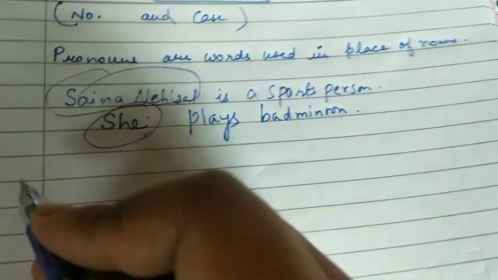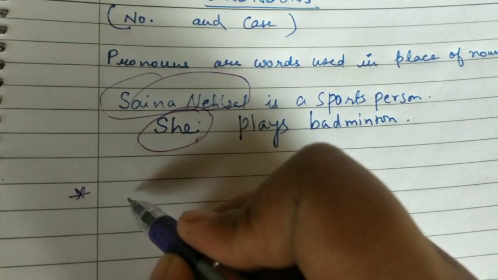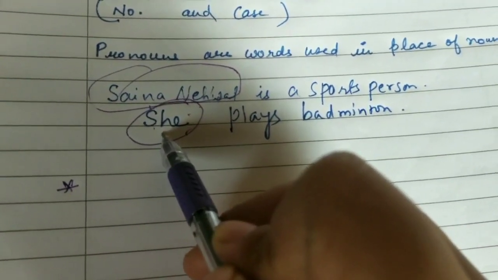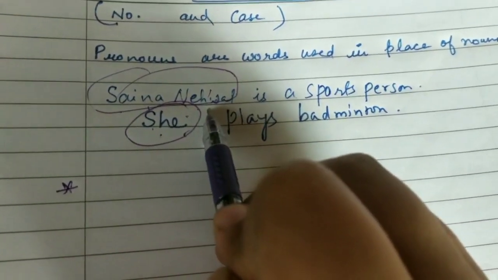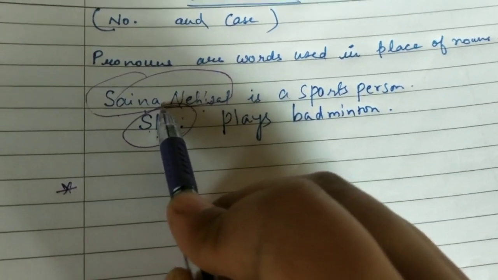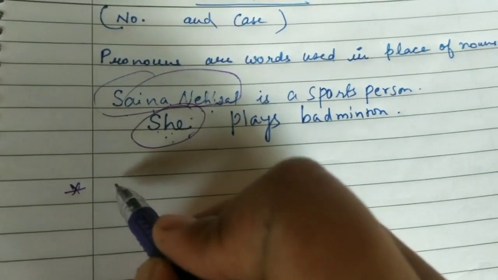Okay, so there are some points to remember about a pronoun. The first point is a pronoun takes the same place as a noun in a sentence. Okay, so Saina Nehwal is the subject here. So she, the pronoun used in place of Saina, is also used as a subject. So what will you write?